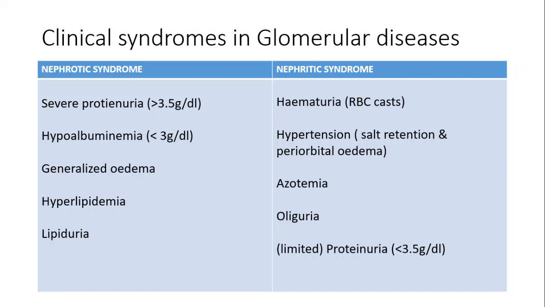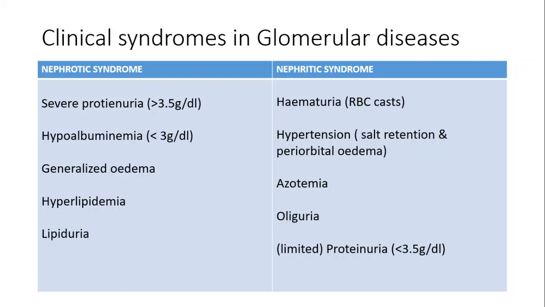Azotemia is once again one of the components of nephritic syndrome, presented as increased biochemical parameters of serum creatinine and urea, oliguria, and mild proteinuria, because it directly damages the endothelial capillaries, and so the renin angiotensin system will be activated, and ultimately the patient will proceed to hypertension and hematuria.